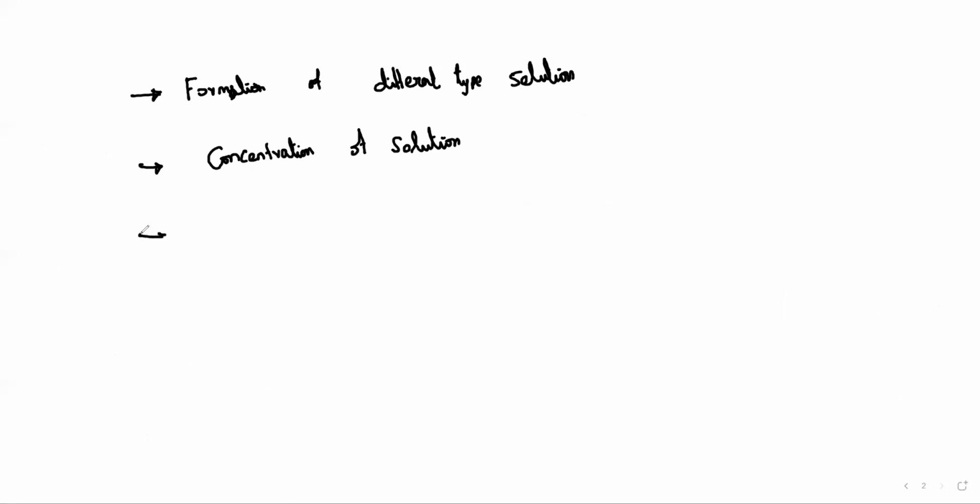And the third thing, the properties and behavior of solution can be explained by two rules: one is Henry's law, and another one is Raoult's law. Any solution which obeys these laws exactly is known as an ideal solution.